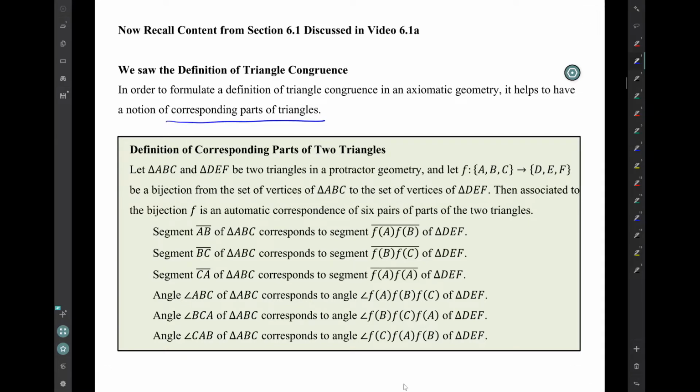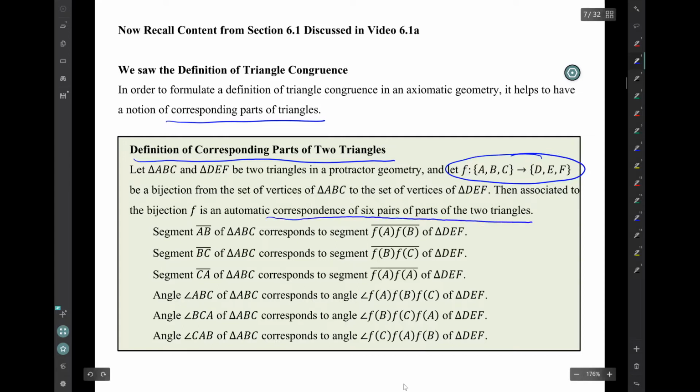That notion, the definition of corresponding parts, is based on a function from the vertices of one triangle to another triangle, such that the function is a bijection from the set of vertices of one triangle to the set of vertices of the other triangle. If you have a function like that, a bijection of the set of vertices, then it automatically gives rise to a correspondence of 6 pairs of parts of the two triangles, as described in that list.